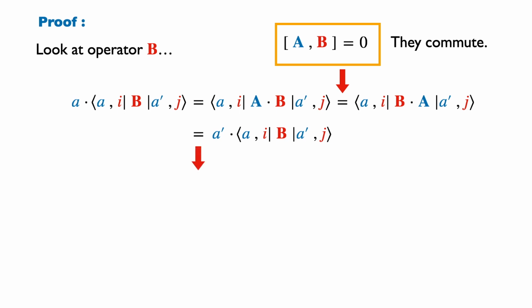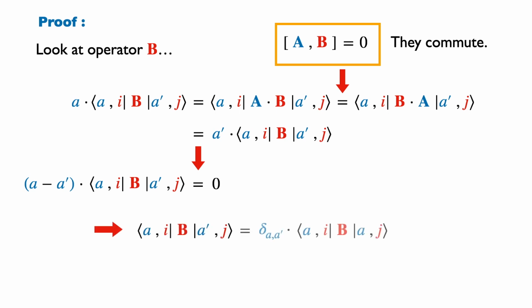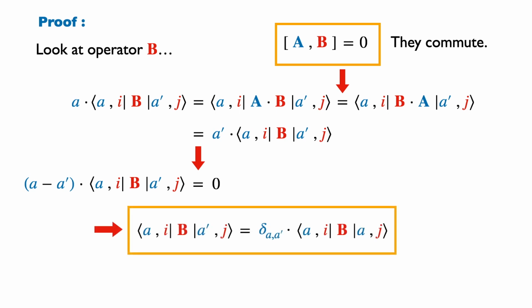Rearranging this equation, we can conclude that the matrix element of B is given by this, and is only non-zero when A is equal to A', as indicated by the Kronecker delta. This will be important in the next step of our proof.